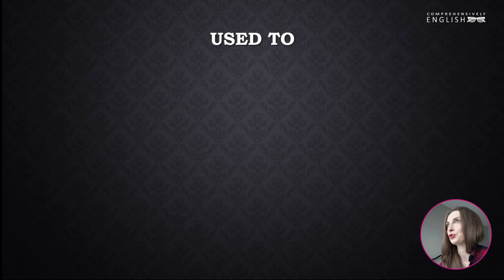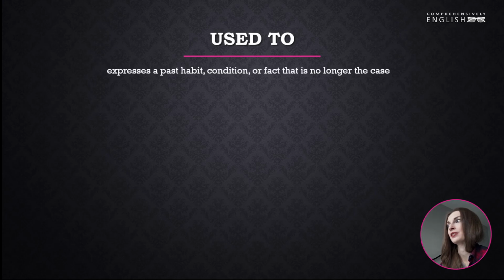Okay, used to. Well, used to is a special semi-modal which is used only in the past. That's why to negate it, or to make a negative sentence with used to, we will use an auxiliary did. It's very special. It expresses a past habit, condition, or fact that is no longer the case.